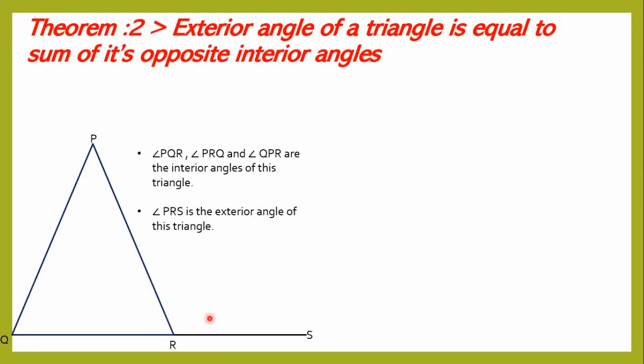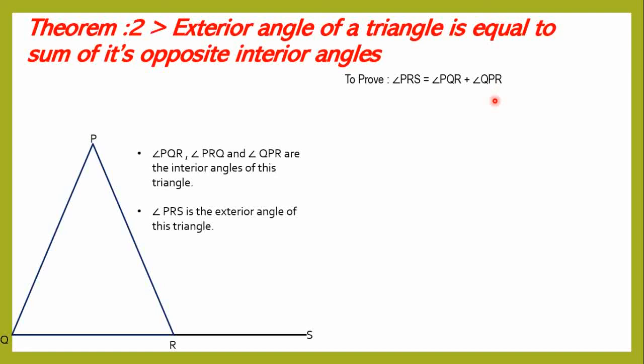So we have to prove that the exterior angle of this triangle is equal to the sum of its opposite interior angles. So we have to prove that angle PRS is equal to angle PQR plus angle QPR.